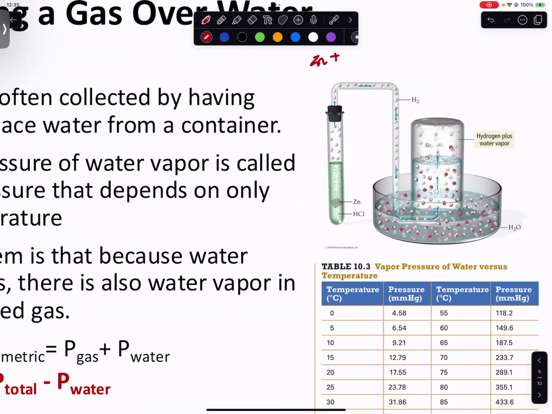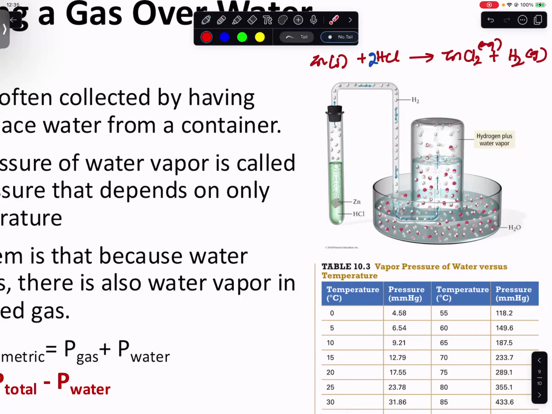Zinc solid plus HCl will give me zinc chloride, which is aqueous, plus hydrogen gas. We can balance the equation right here. The gas being collected here is hydrogen, and you can see it's collected over water.